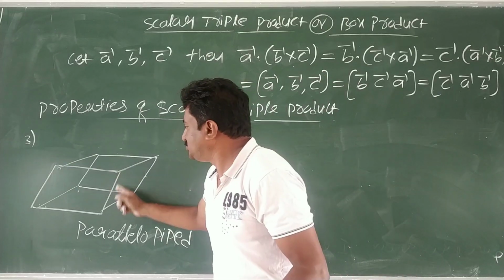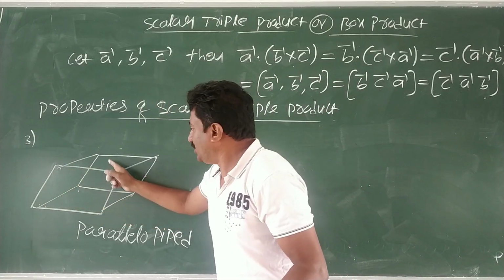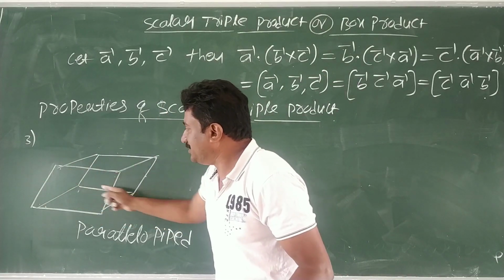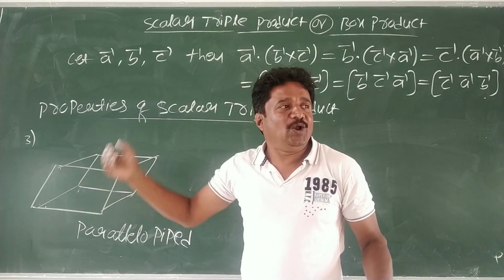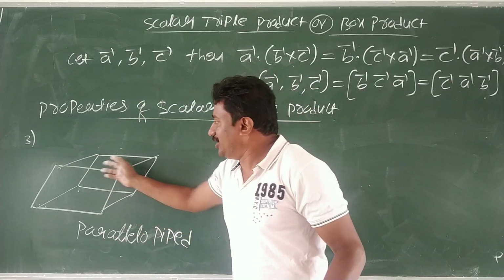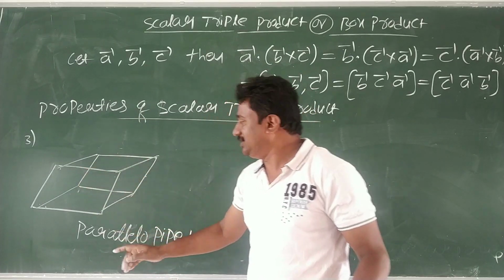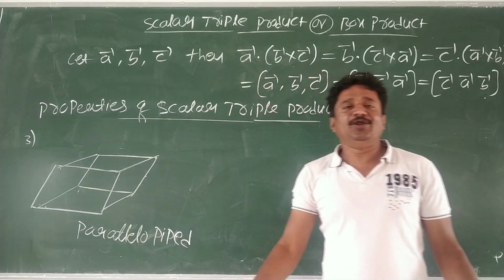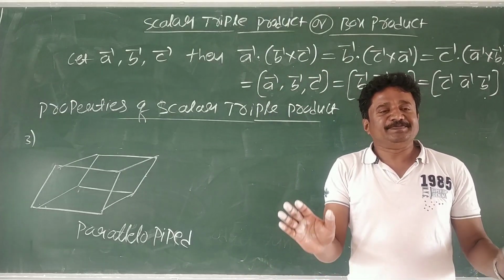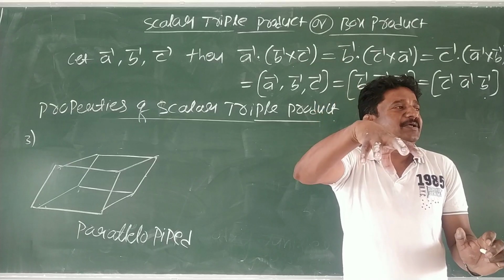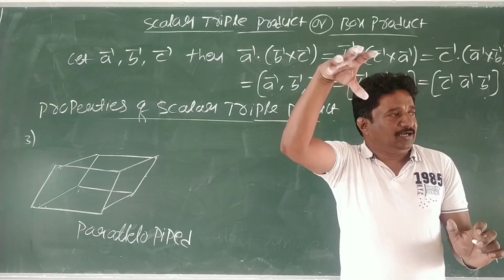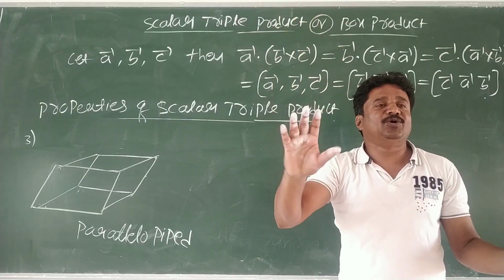Look at this face, student, parallelogram. Look at this back face, parallelogram. If all the faces are parallelograms, then it is called a parallelepiped. Cube means all the faces are squares. Cuboid means all the faces are not squares, just like a room.